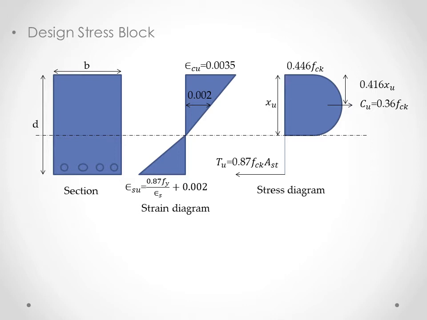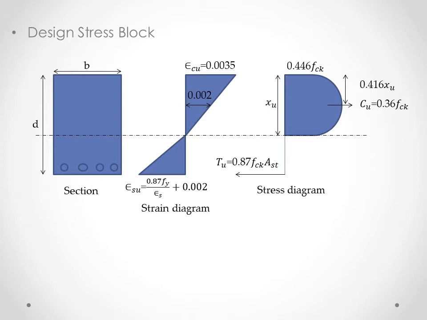Since we cannot calculate the yield strain of the steel, we assumed it to be 0.002, and the ultimate strain value of steel is 0.87 Fy by Es, where Fy is the characteristic strength of steel and Es is the Young's modulus of steel, plus 0.002, which is the assumed yield strain. The next diagram is a stress diagram.